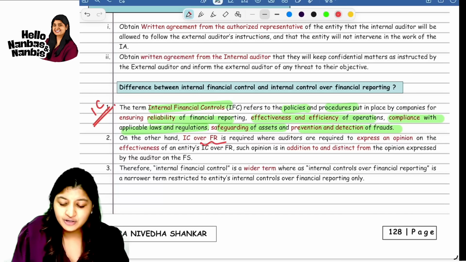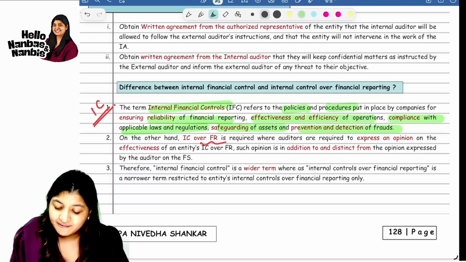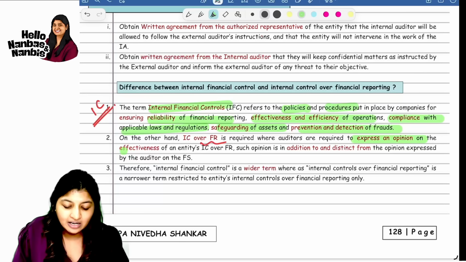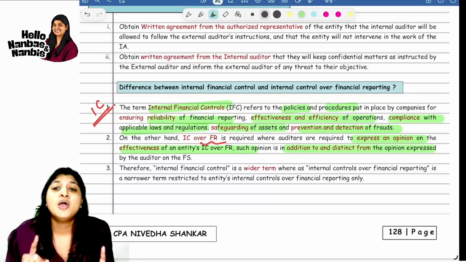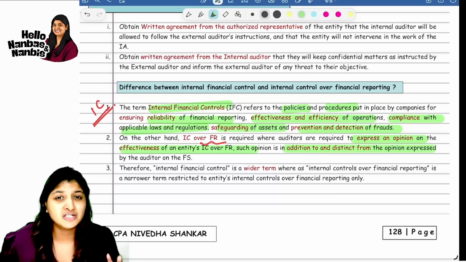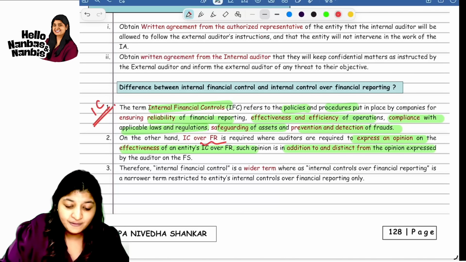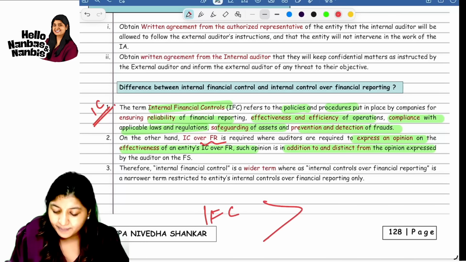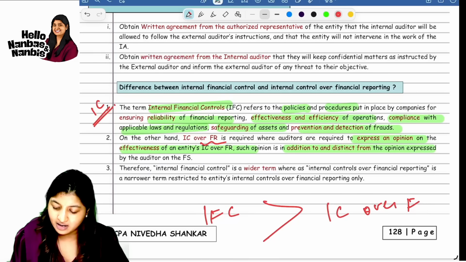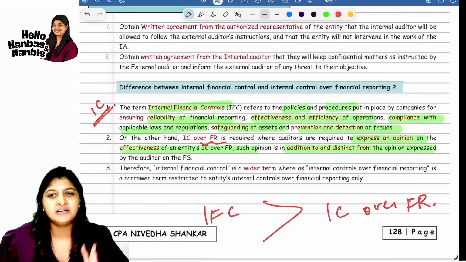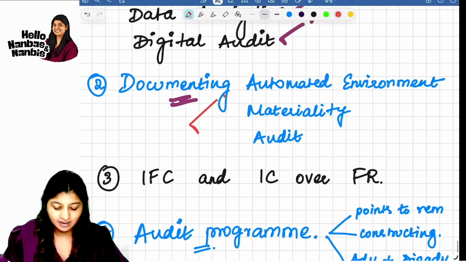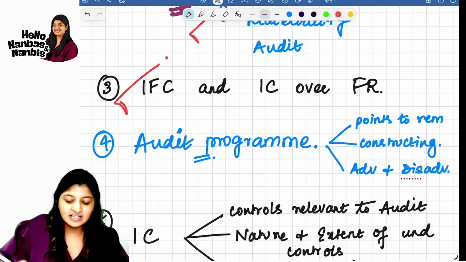On the other hand, IC over FR is required where auditors are required to express an opinion on the effectiveness of the entity's IC over FR, and such an opinion is an addition to and different from whatever opinion is expressed on the financial statements. Therefore, IFC is a wider term than IC over FR. IC over FR is a narrower term which is restricted only to entities' internal control over financial reporting. This is IFC and IC over FR.